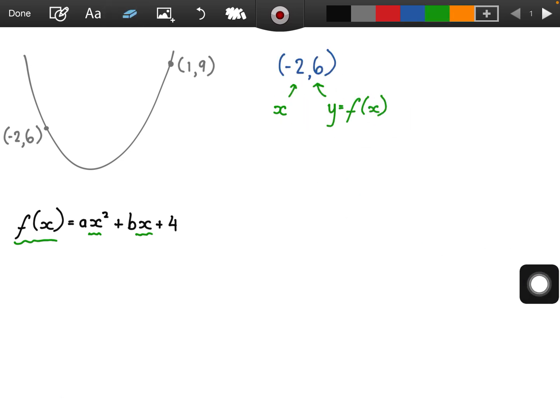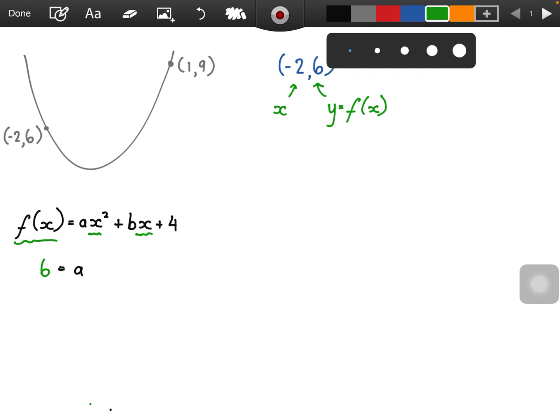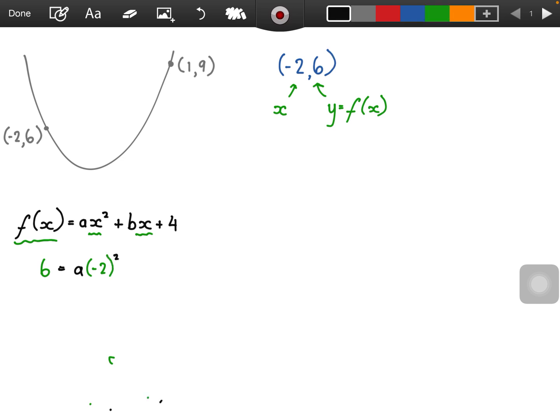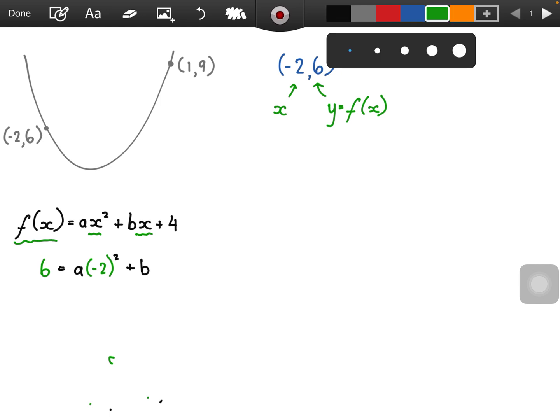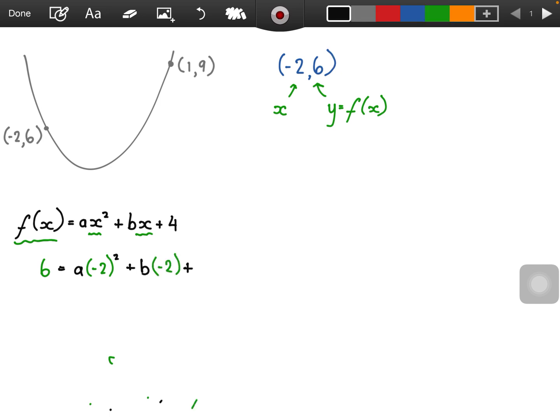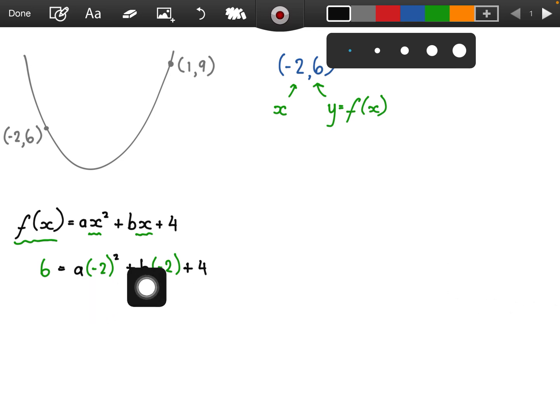So I can write this as 6 is equal to a times -2 being squared, plus b times -2, plus 4. I can go through that and simplify that. But at the end of the day, I can see that I'm still going to end up with an equation with 2 variables in it. But let's just do it so that we can see where we're going with this.